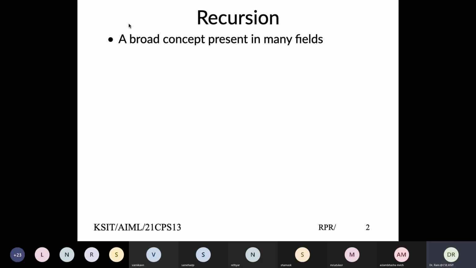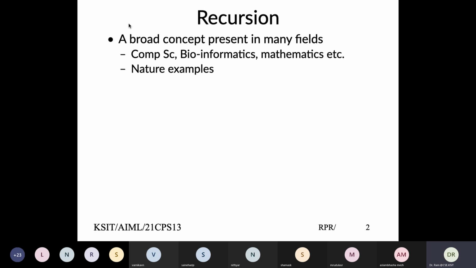So just on the theory side, where is recursion used? You can see it reflects in nature, in all parts of our life, though we study it formally in computer science. It is there in bioinformatics.